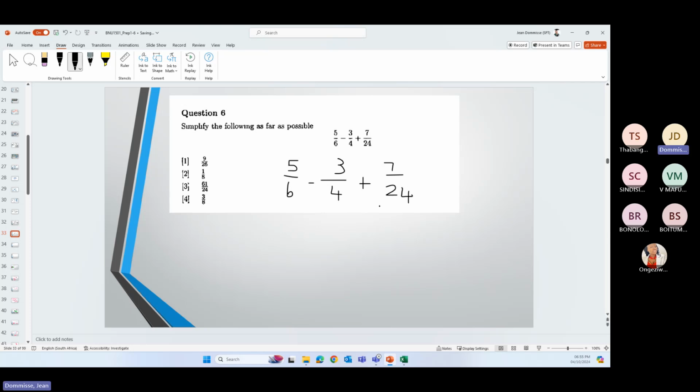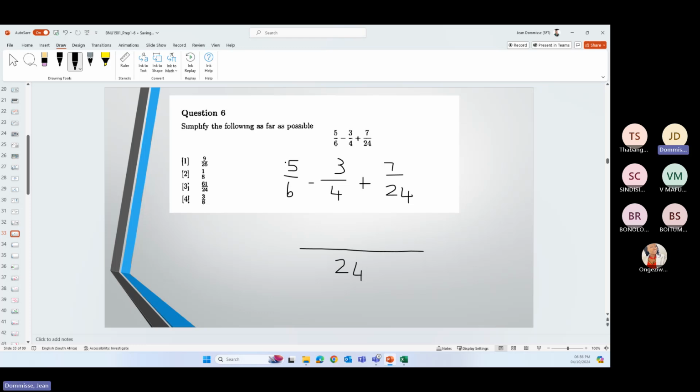So what I would do is to say, okay, let's put everything over 24. And let's see, there is an answer of something over 24, but it might just be that we need to cancel out. So 5/6 is what over 24? So to get from 6 to 24, we said 24 divided by 6, and that is 4.